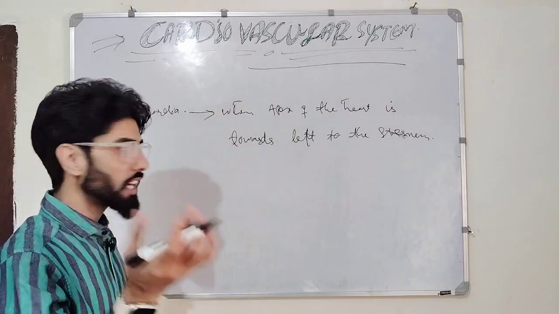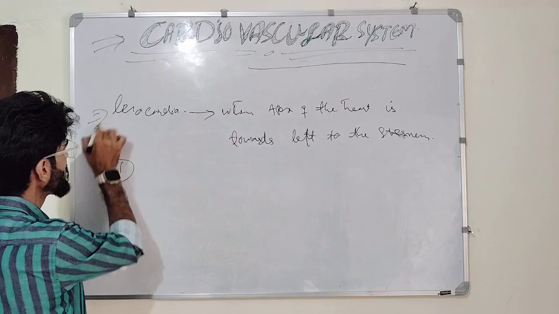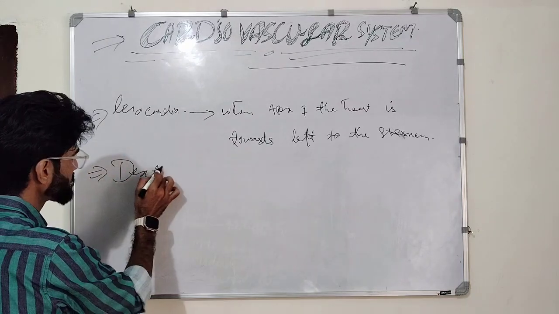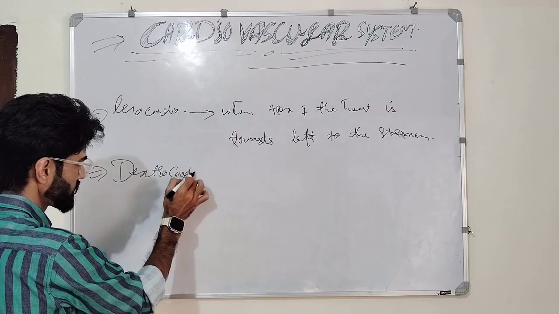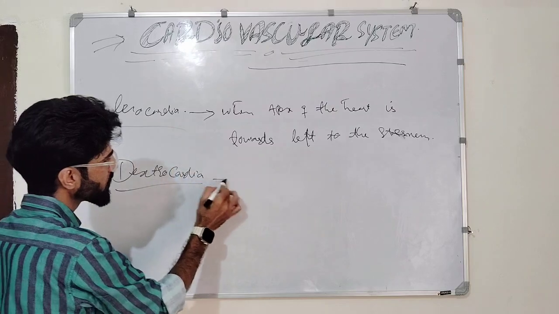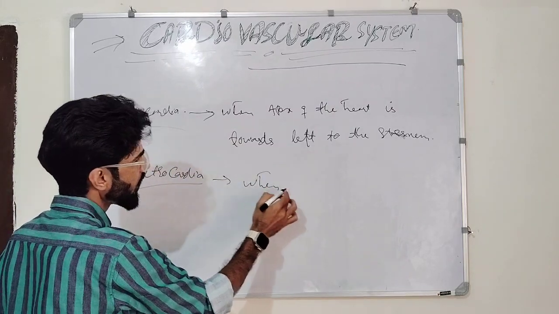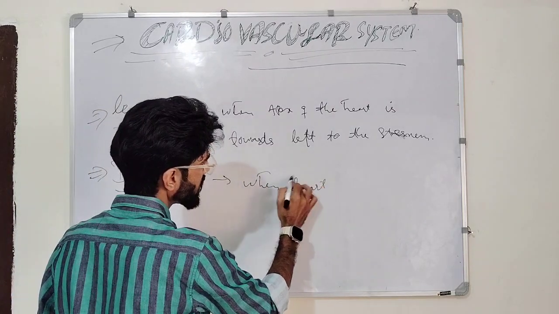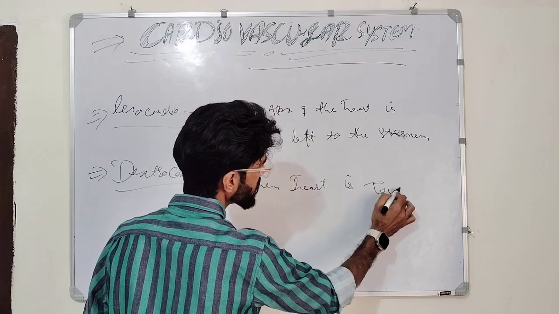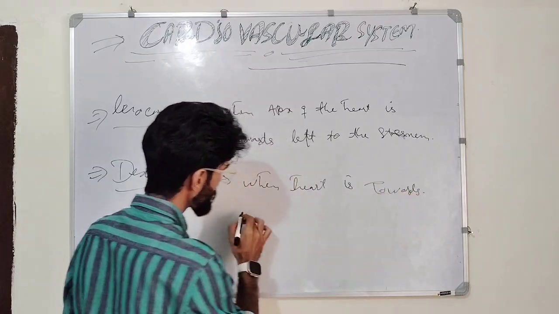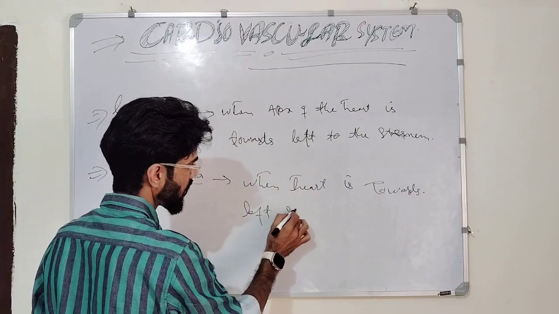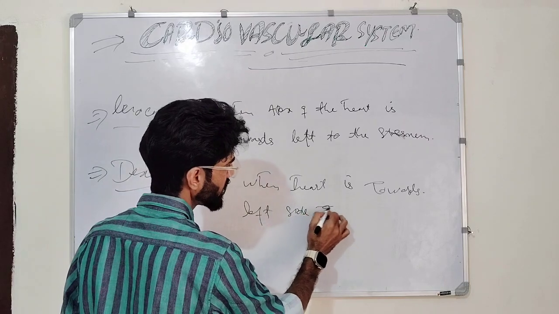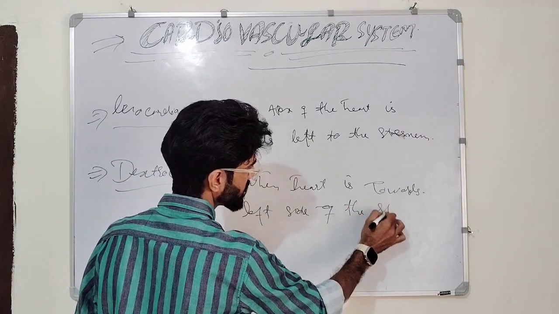The second condition is dextrocardia. Dextrocardia means when the heart is towards the right side of the sternum.